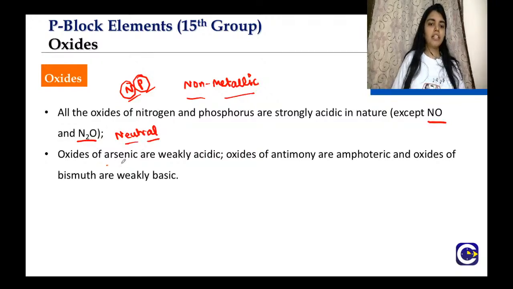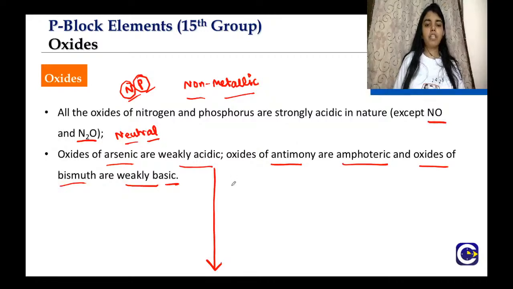So oxides of arsenic, if you take, they are weakly acidic. Oxides of antimony, if you take, they are amphoteric. And oxides of bismuth, if you take, they are weakly basic. Why? Because the metallic character increases down the group, and we know that the oxides of metals are what? Basically basic in nature, right?